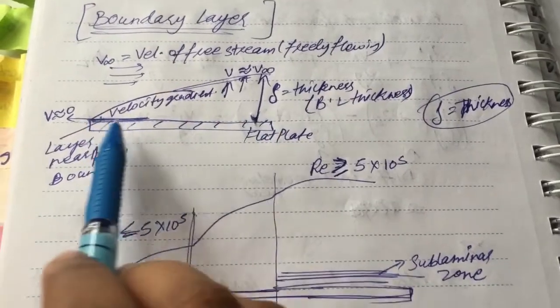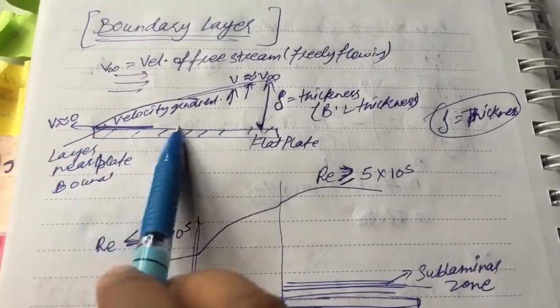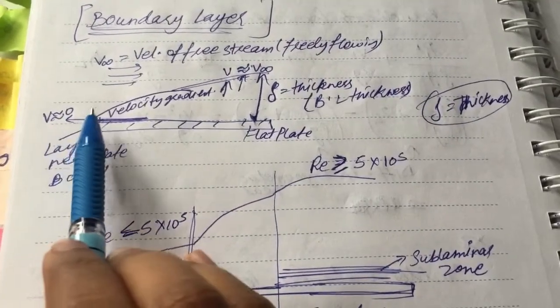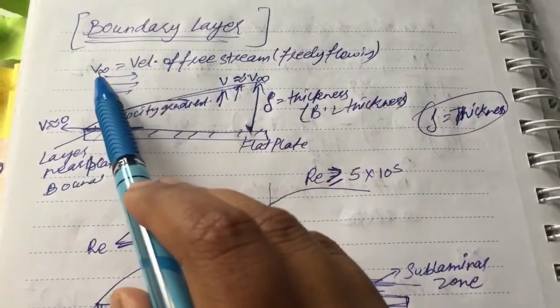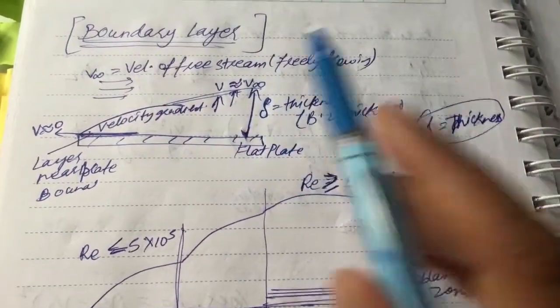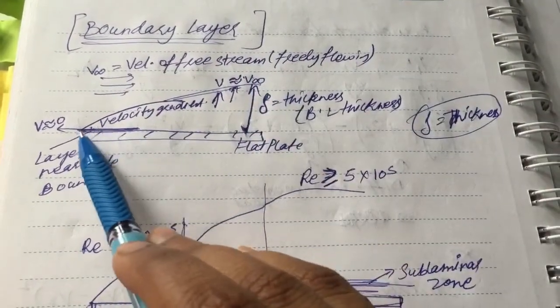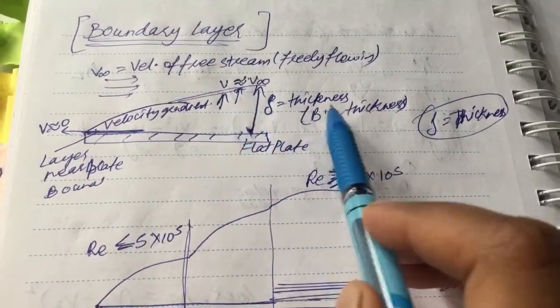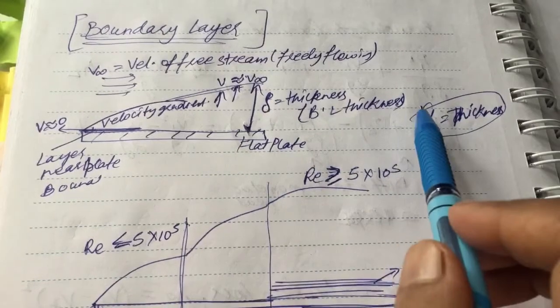There is a flat plate, and the layer near the plate is called the boundary layer, where velocity is approximately equal to 0. V infinity is the velocity of the free stream, freely flowing, and at this point the thickness is given as rho, which is the boundary layer thickness.